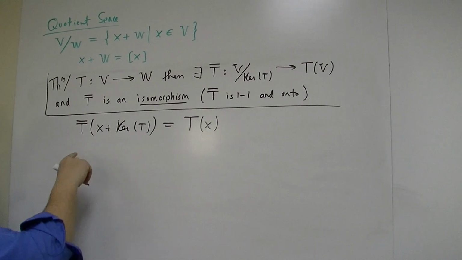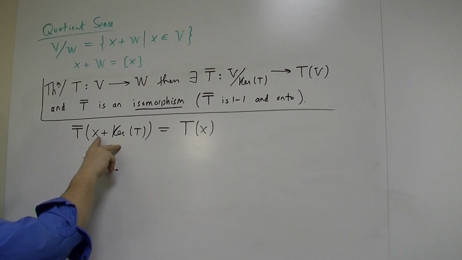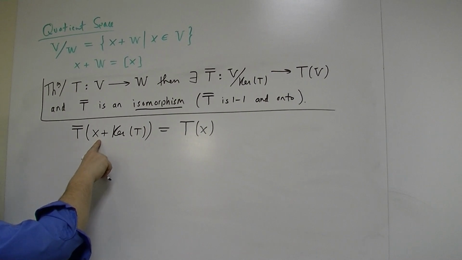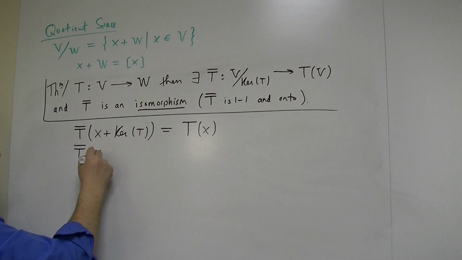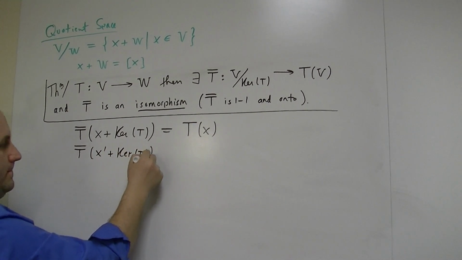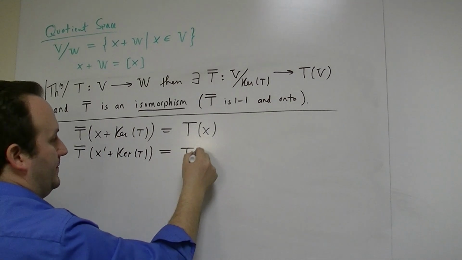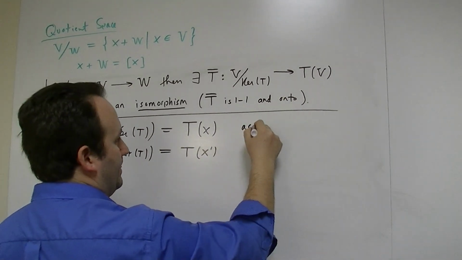The question then is whether this is a well-defined mapping, because we just defined it on a coset, and the representative x is not unique. What would happen if we took a different representative? We would get T of x prime.